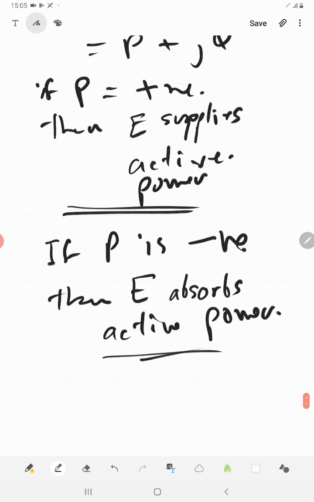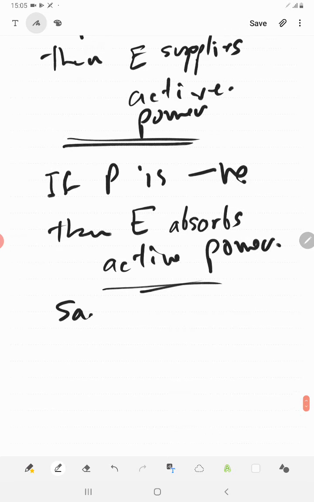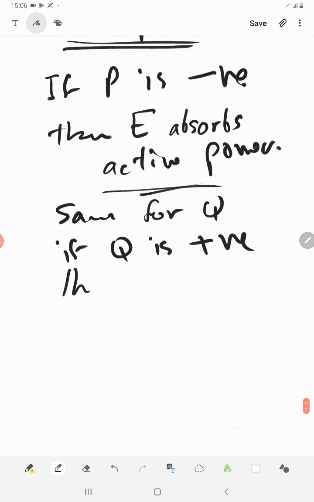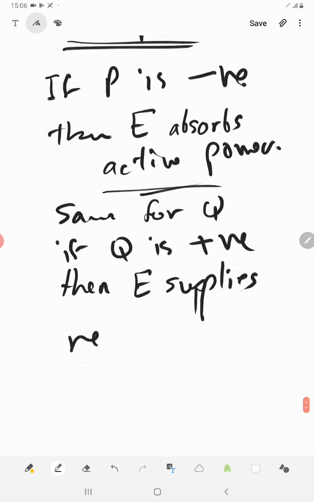Same for Q. If Q is positive, then E supplies reactive power, okay?